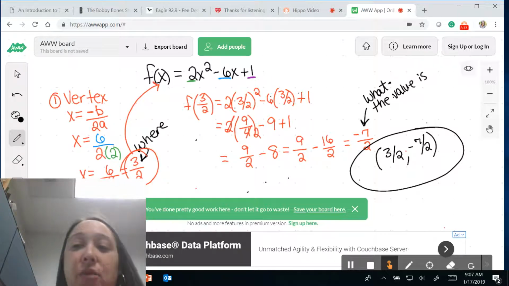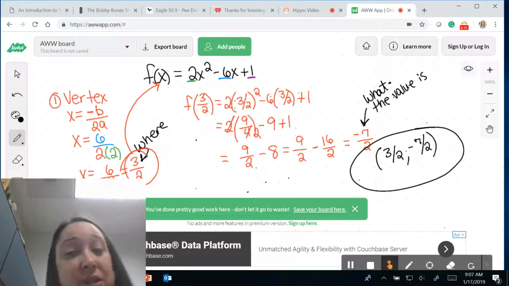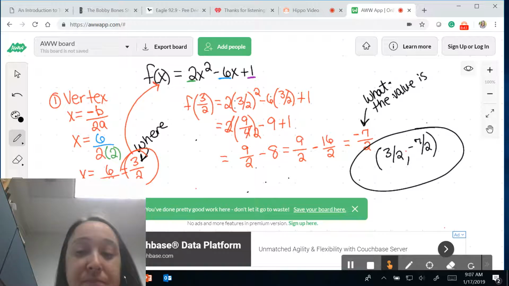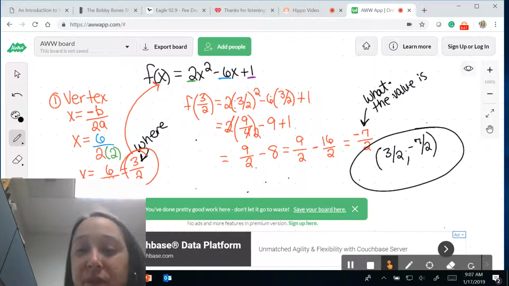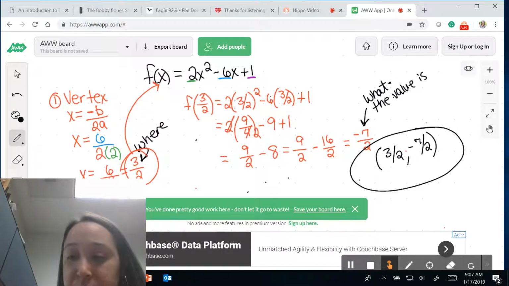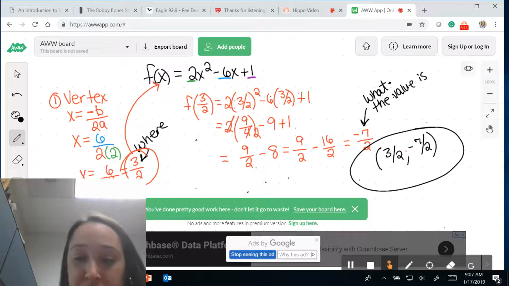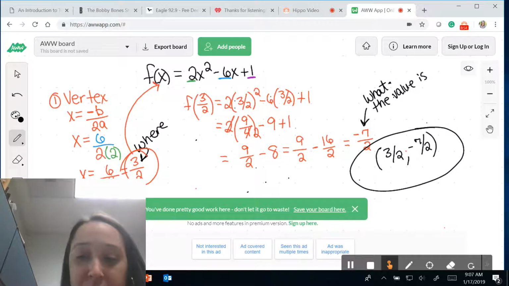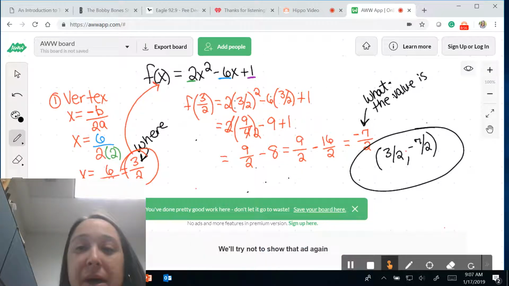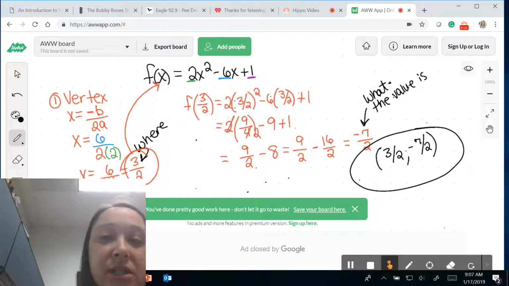But then for lesson 5, finding the vertex is not the only thing you're going to have to do with a quadratic. You're also going to have to find your roots. So if we think about a quadratic, let me sketch this out in the corner.